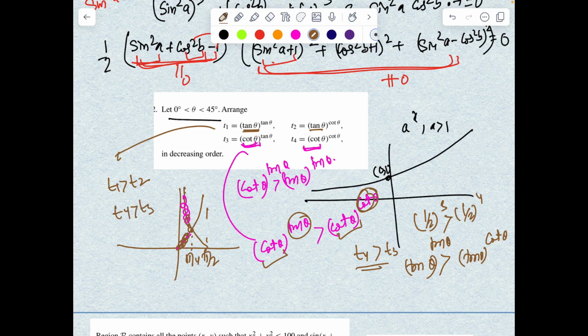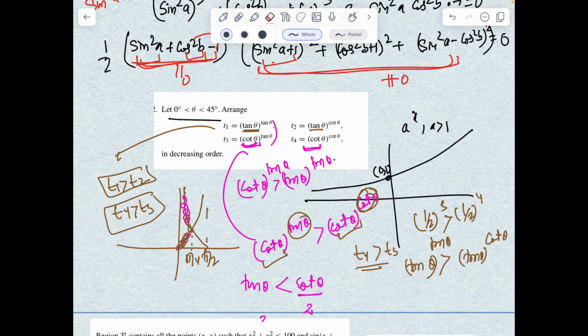So now we need to compare any one guy from 1, 2 to 3, 4. And that's also not very difficult, because now you compare 1 and 3. Which is more, tan theta or cot theta? Clearly cot theta is more than this, and this is more powerful, like if it is 2 suppose, then this is less than half, something like this, right? Or 1 by 3. And you can take this as half, because if cot theta is 2 for the same theta it will be half.